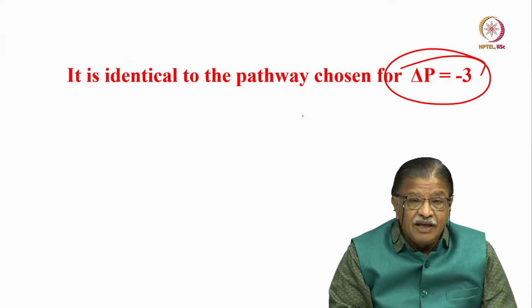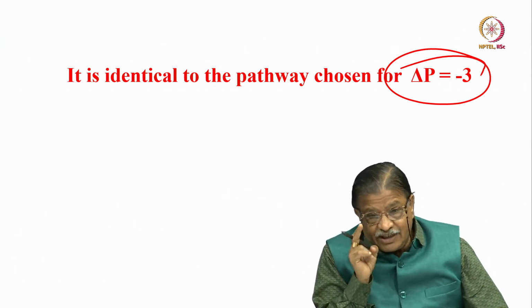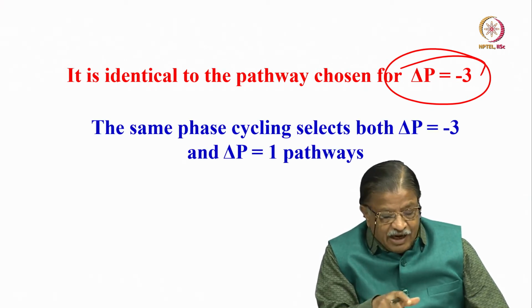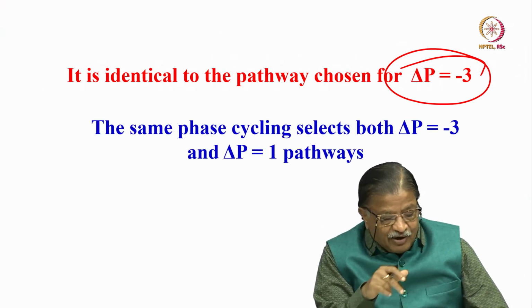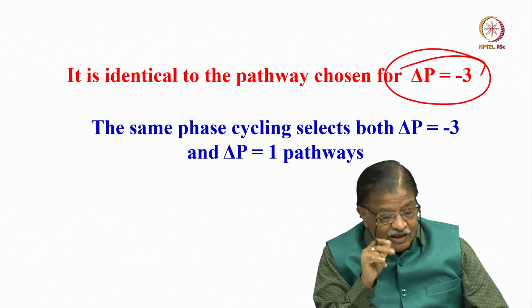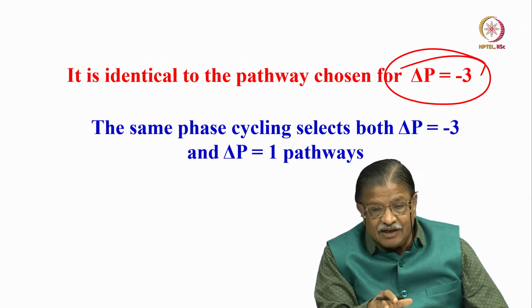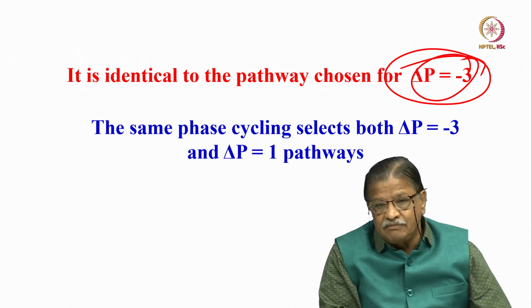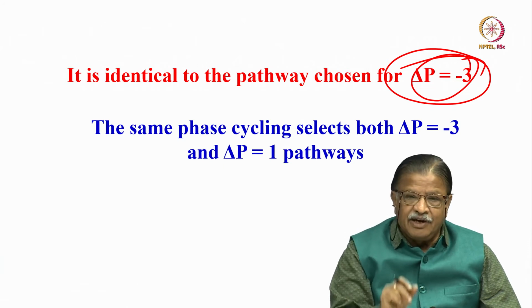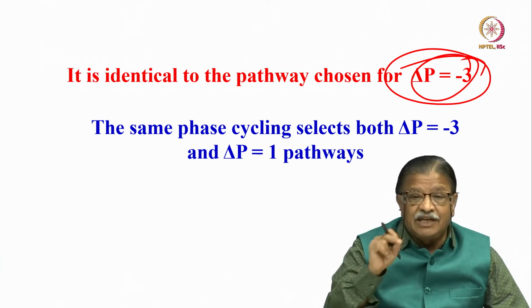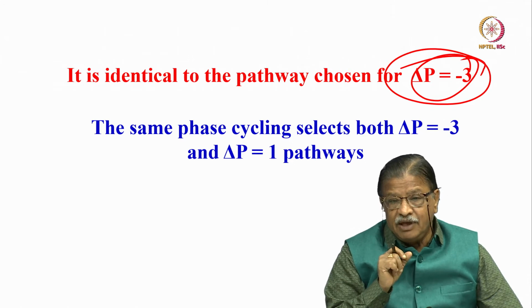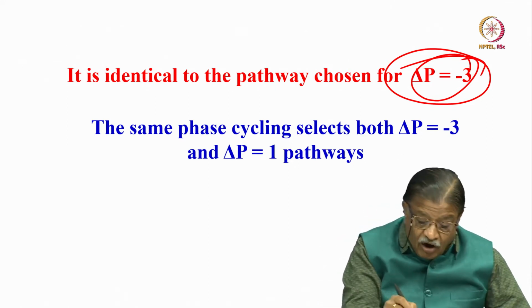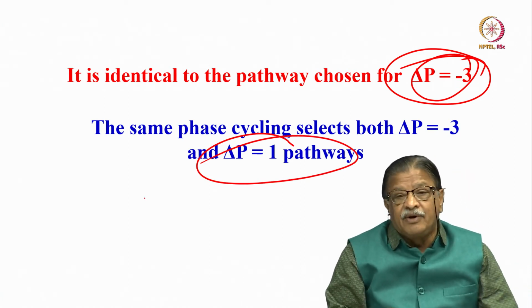Something different, right? See, delta p is equal to 2, it rejects. Delta p equal to minus 3, it selects that phase cycling. Whereas now if I want to select the same phase cycling for delta p is equal to 1, it is identical to delta p equal to minus 3. This phase cycling is identical, so that means this phase cycling also will select delta p is equal to 1. So the phase cycling we choose for delta p equal to minus 3 will also select delta p is equal to 1.